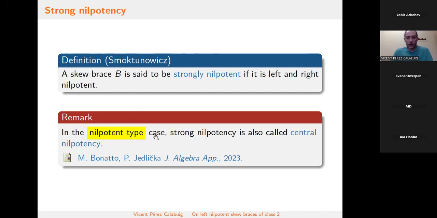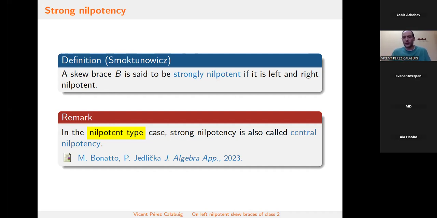And if we focus on the nilpotent type case, we have that strong nilpotency coincides with the central nilpotency introduced by Bonatto and Jedlička in terms of the center of a skew brace. So in this case, skew braces are both left and right nilpotent. We have both good characteristics: a good algebraic behavior, and a way to characterize multipermutation solutions.